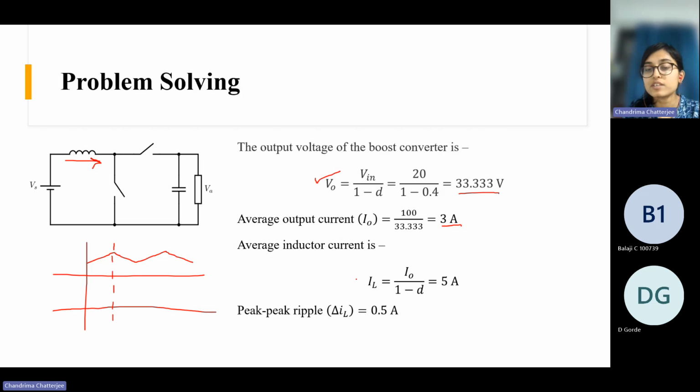So average inductor current is I naught by 1 minus D, because this duration is 1 minus D.